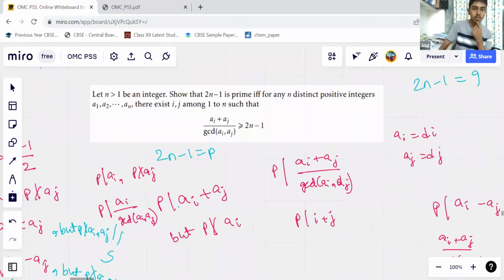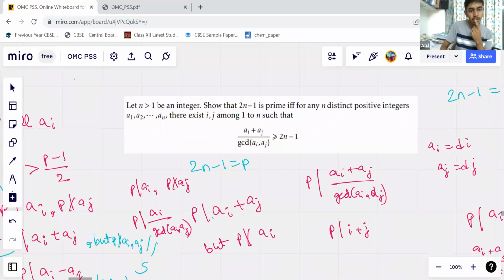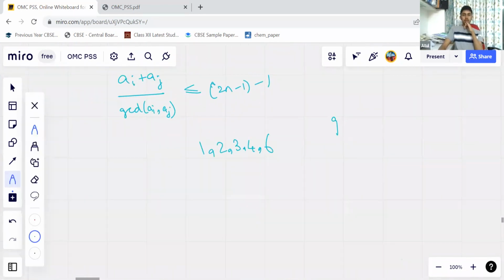Also, do these numbers have to be distinct? Distinct. Okay. Is there some more generalizable counterexample? Okay, also let's look at 15. And we need 8 numbers in this case. It would be nice if we could just take 1, 2, 3, 4, 5, and then pick 6 is good enough.